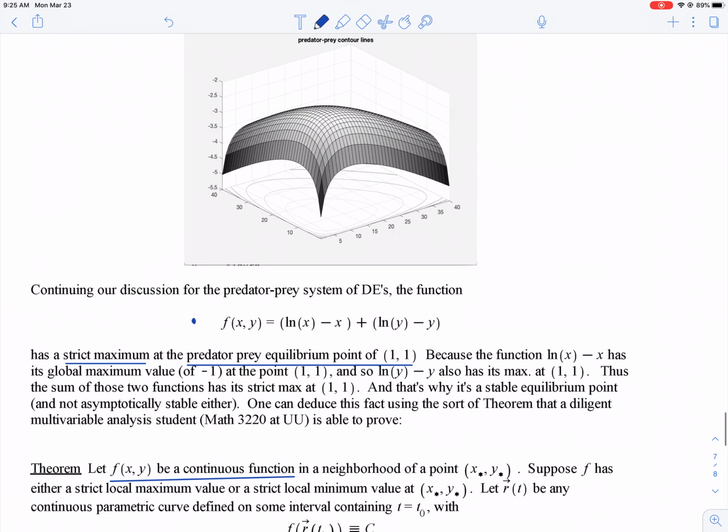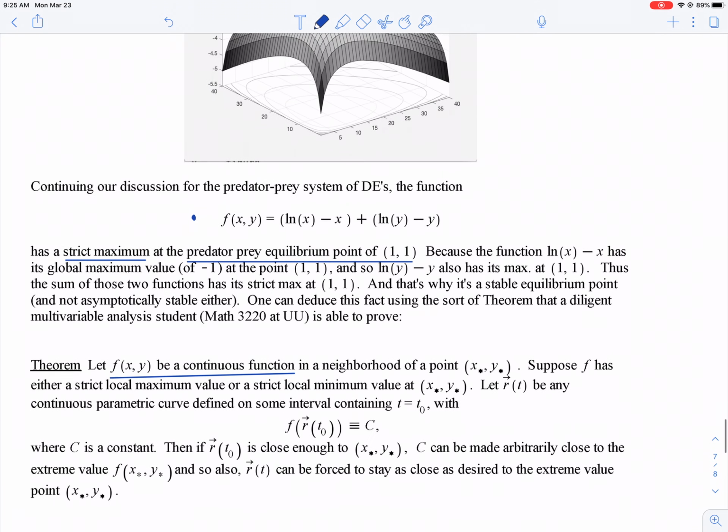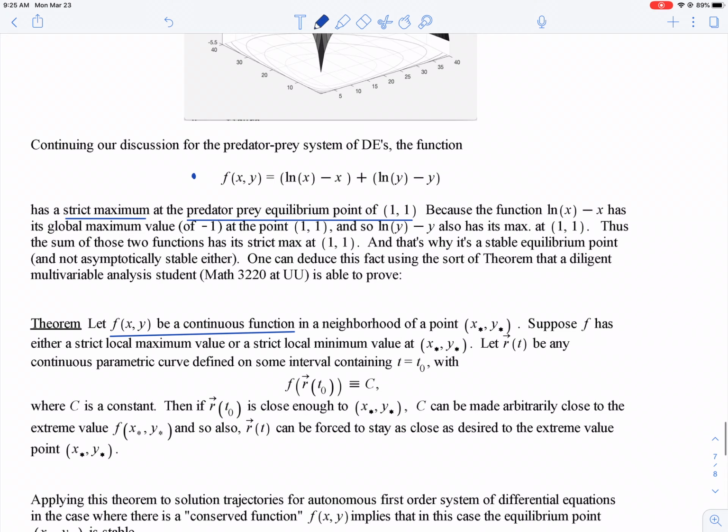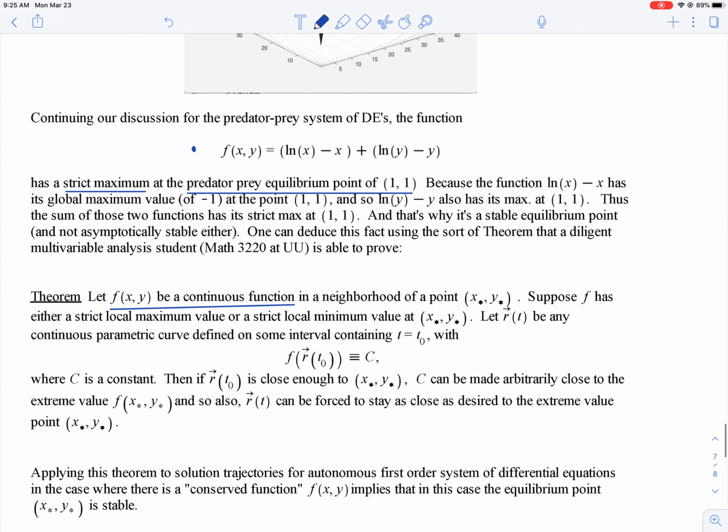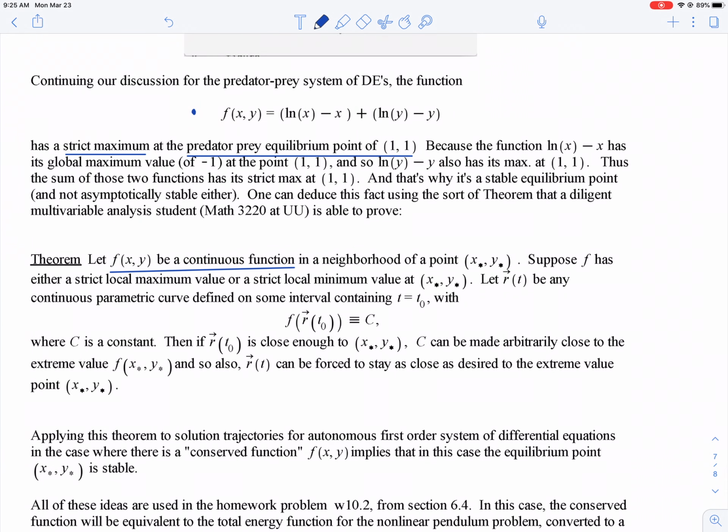In our case, it was actually at least twice continuously differentiable, so stronger things hold, but just using continuity ideas. So it's continuous in a neighborhood of a point x star y star. Suppose f has either a strict local max or a strict local min at the point x star y star.